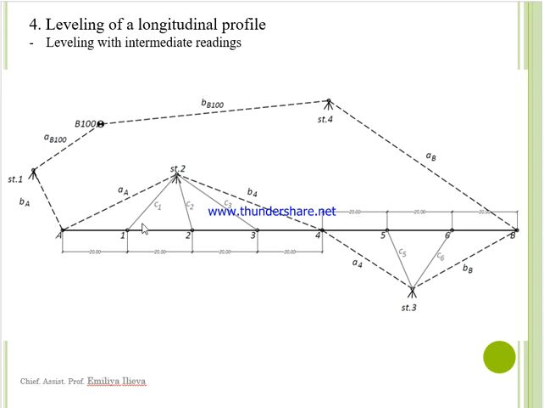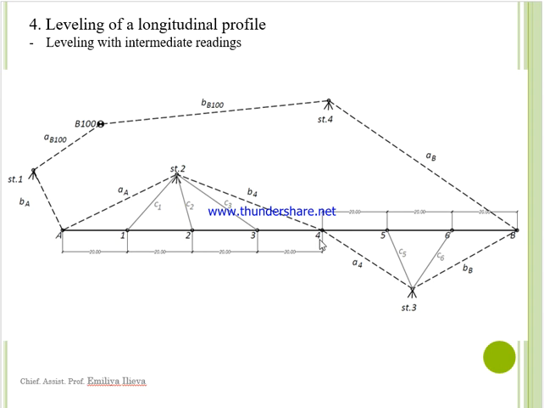So it is really important that the readings for the last point that we see, in this case, the last point that we see is point 4. After that, I cannot see, for example, point 5 from this station of the instrument.